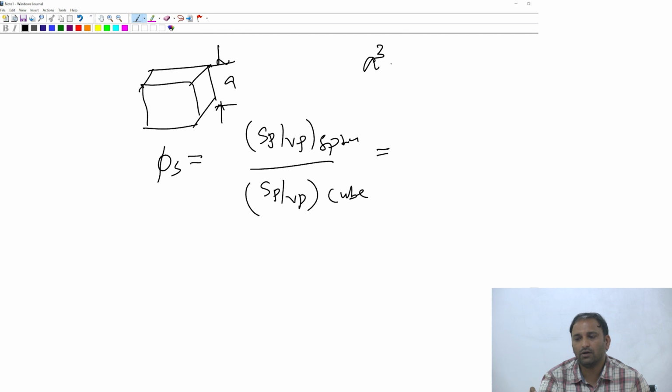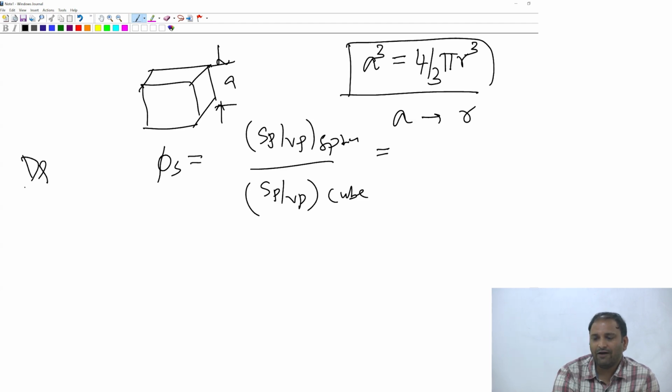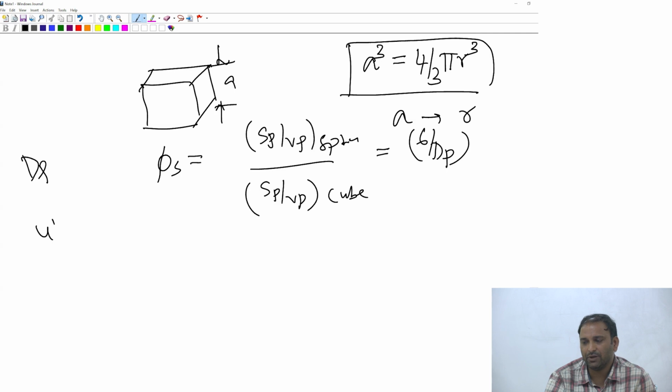Now your volume of the cube is a cube. I'm going to equate that to the volume of a sphere, so I can get a relationship between A and R. Now if you have a particle of size dp, the Sp by Vp of a spherical particle is 6 by dp.